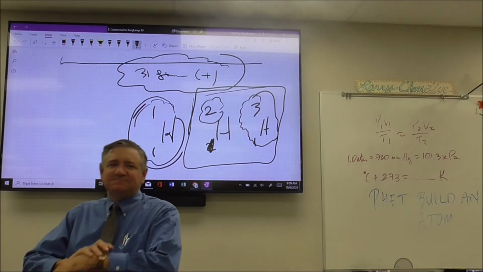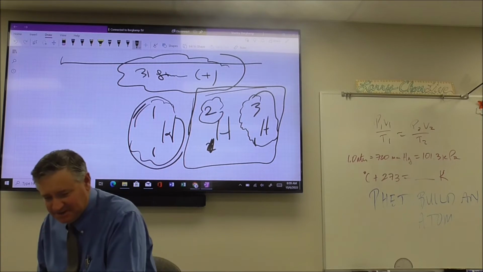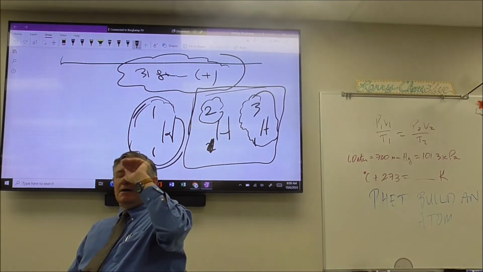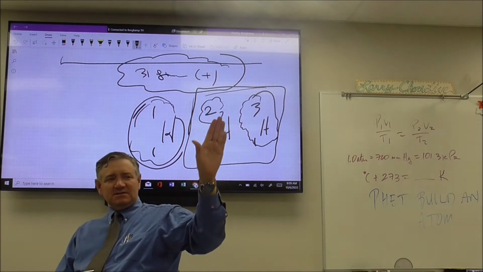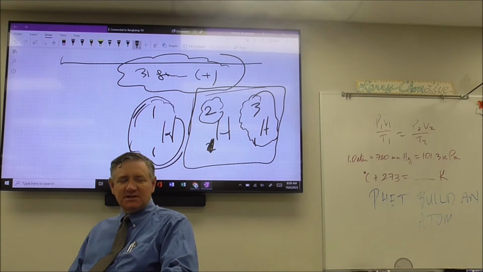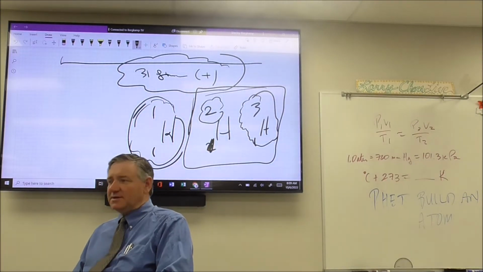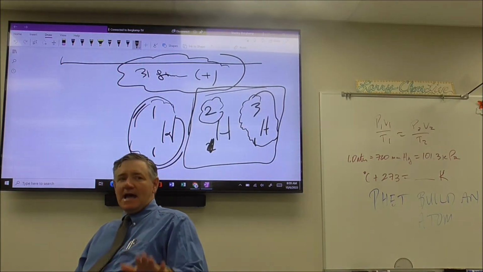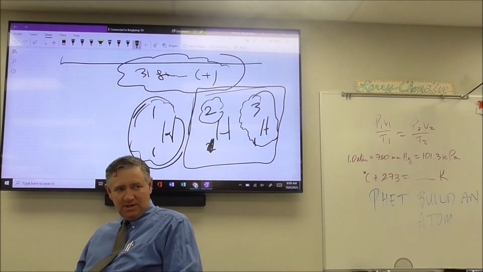Okay, so here's the deal. Every one of these has 1 proton, right? This is the only element, this is what makes this unique, okay? Hydrogen is the only element that, for the most part, except for deuterium and tritium, has no neutrons, okay?